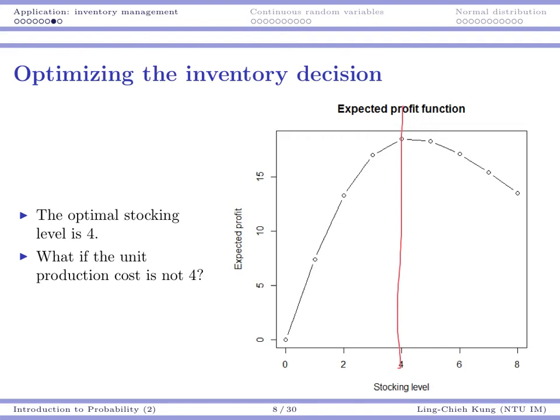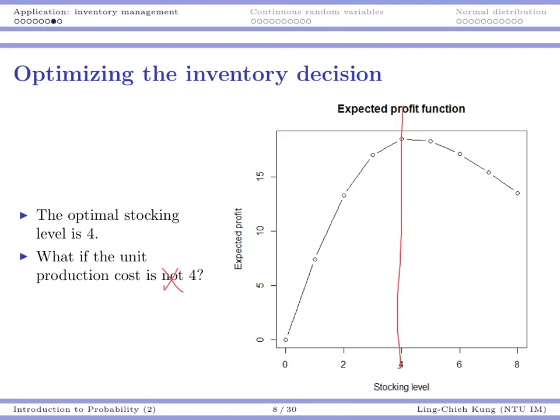To make our life more interesting, let's ask the following question. What if, after 1 month, the supplier raised the unit cost of my apple to $4? Sorry, it is 4. Previously it is 2. Let's assume the supplier raised the cost to 4.